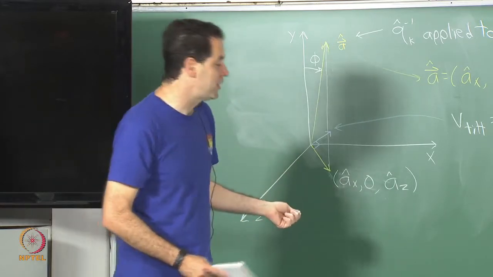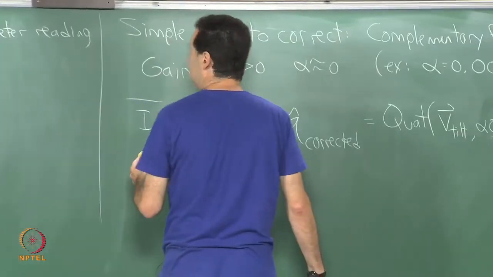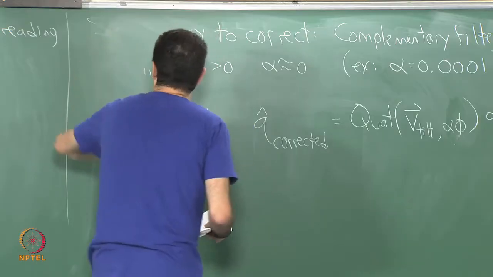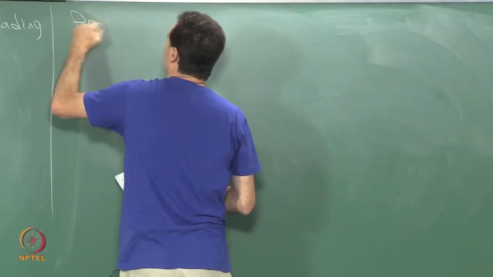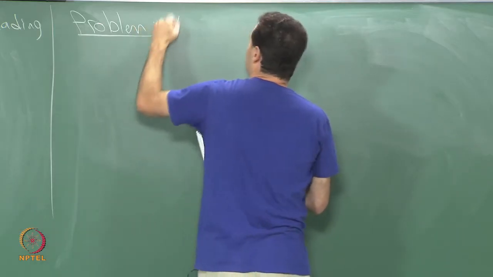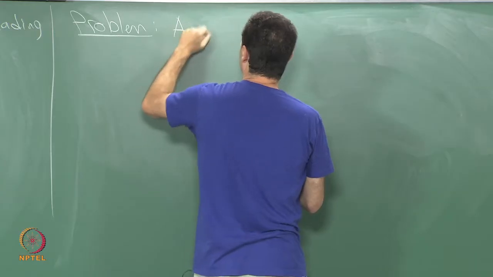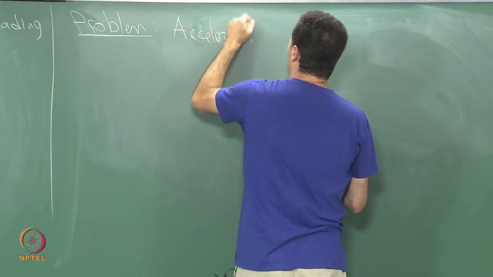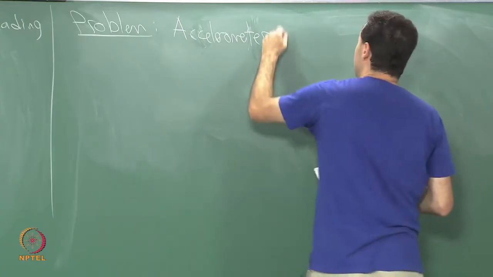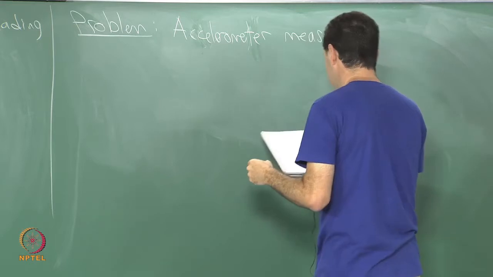So let's see. One big problem with this, as I mentioned, is that the accelerometer is not a perfect up sensor. Let me put that here. So, the problem: the accelerometer measures the following vector sum.